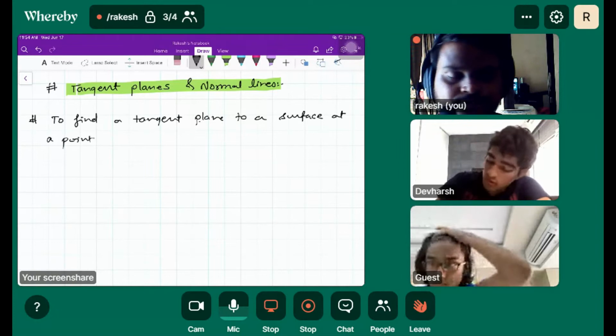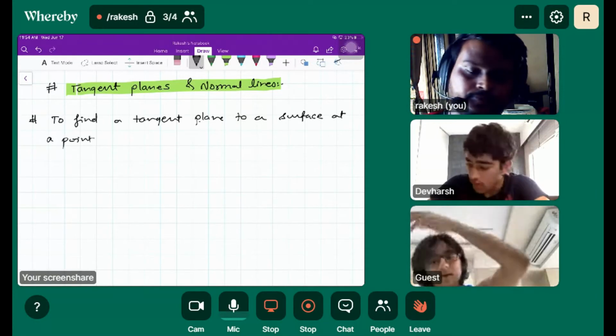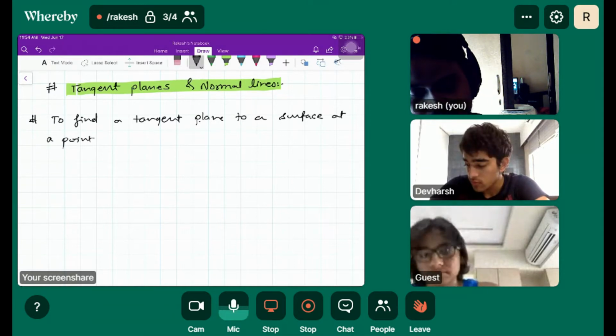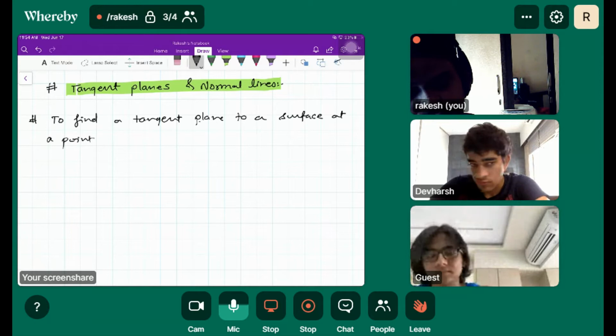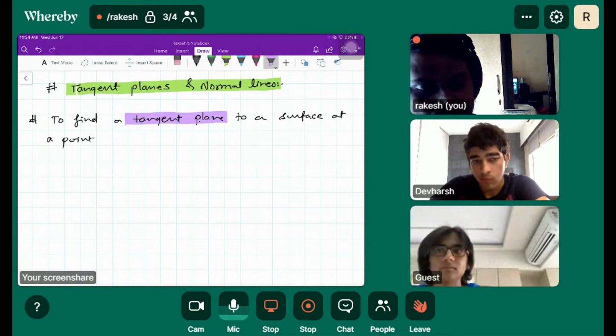A point on the plane, and the normal to the plane. So we require the normal, right? This whole topic is based on that. We have to find the tangent plane to a surface at a point.